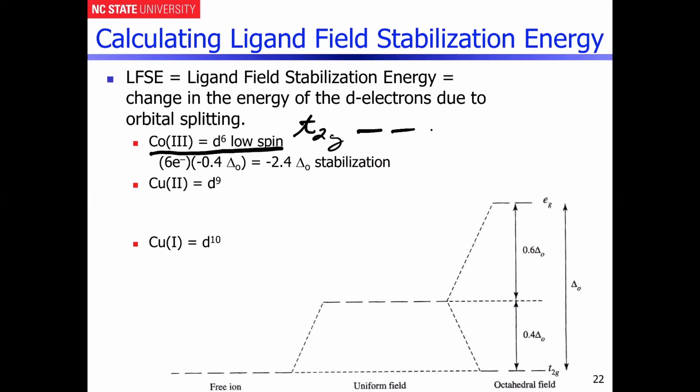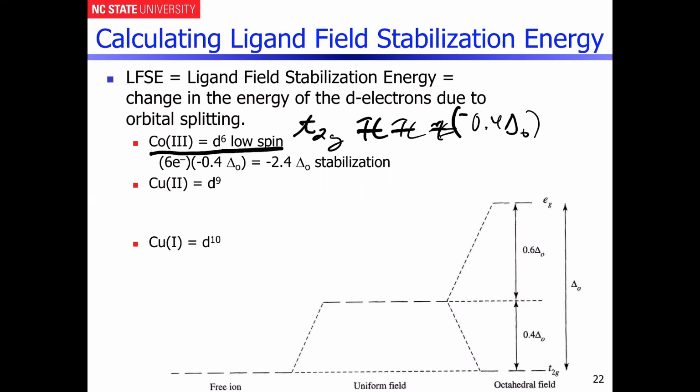So it winds up looking like you have all of those electrons in the low spin geometry, and they're all spin paired. Every electron that's in there gives you basically a 0.4 del O stabilization. And because of stabilization, we put a negative sign in front of it. That means it's a negative 2.4 del O stabilization with respect to the spherical field that you begin with.